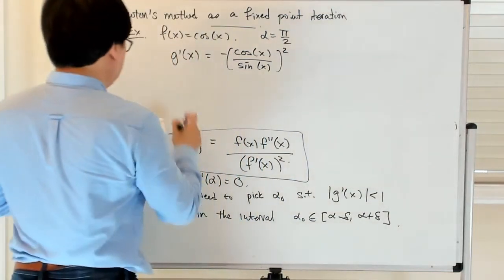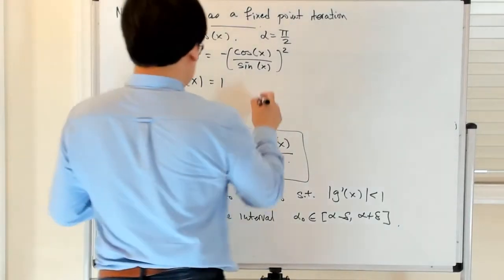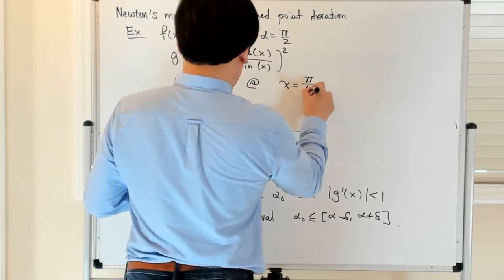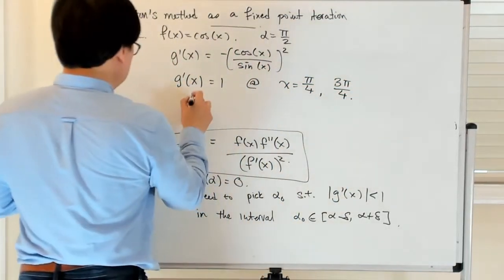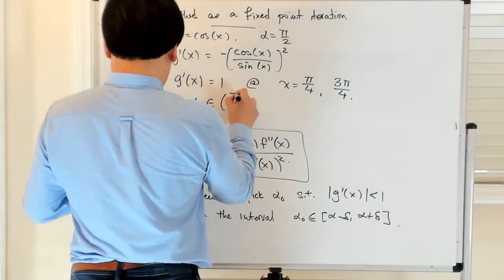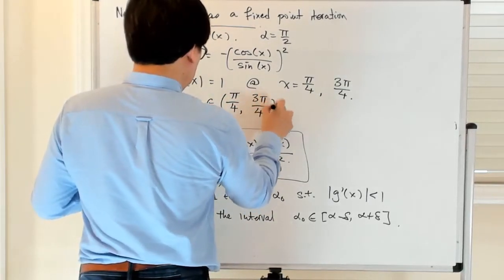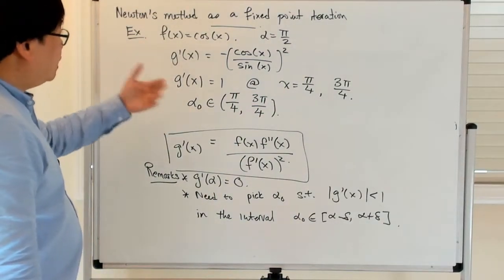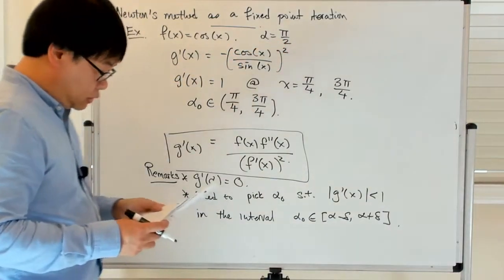You can check that the absolute value of g prime of x is equal to 1 when x is equal to pi over 4 and 3 pi over 4. So as long as alpha 0 is in the interval between pi over 4 and 3 pi over 4, as long as you start with this initial value, then Newton's method will converge to the root at pi over 2.